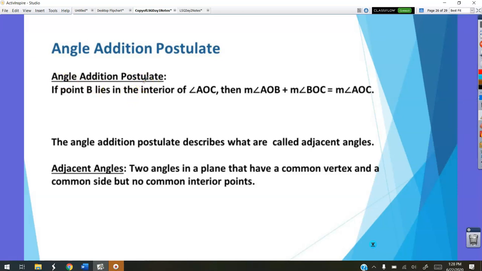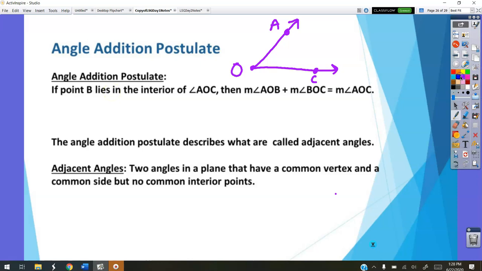So this is the specific angle addition postulate. So if I have a big angle AOC, so A would be out here, O would be the vertex, C would be on the other ray. If there is a point B and it's somewhere inside my angle, so it could be maybe here.